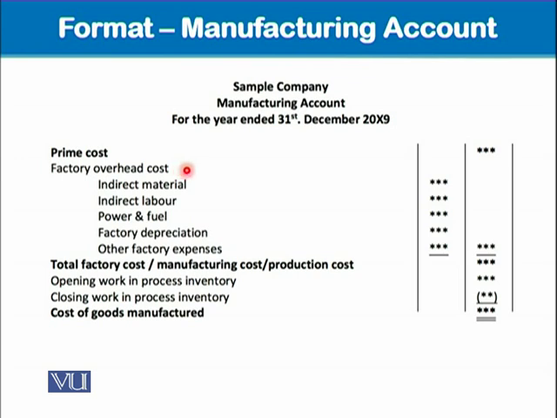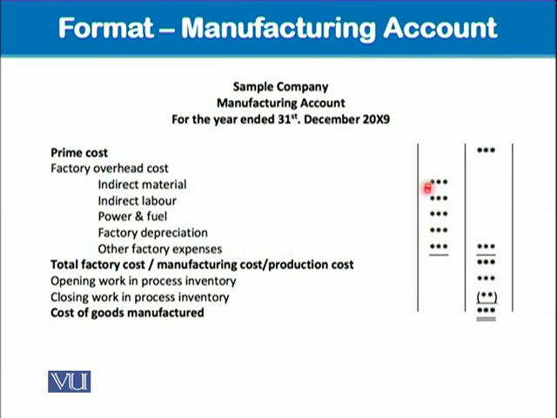It is worked out by adding indirect material, indirect labor, power and fuel, and factory related depreciation. This can include depreciation of plant and machinery or depreciation of factory building, or any other indirect cost or other factory related expenses.